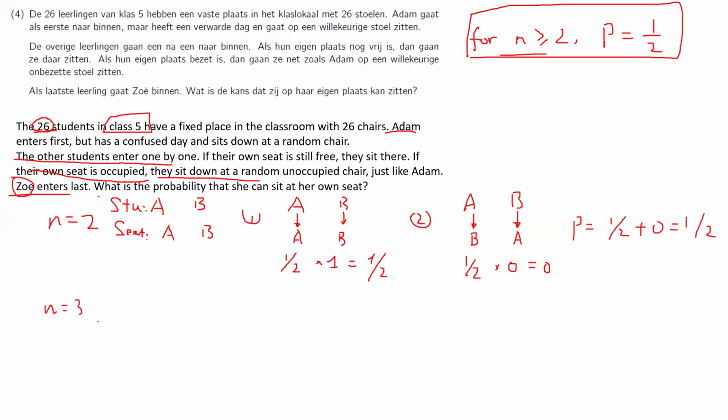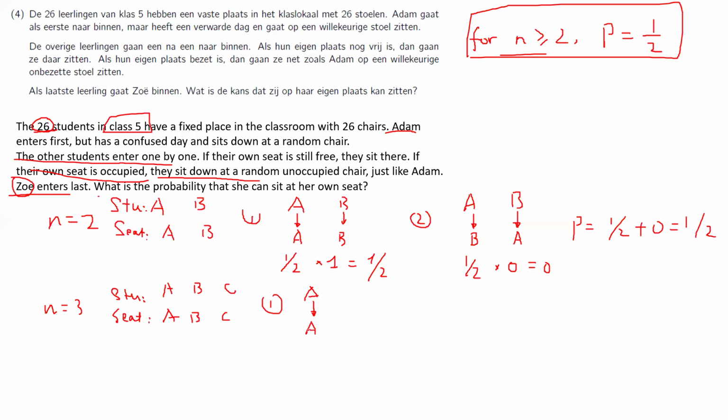Okay, we do it a little bit more to show our strategy. So now for the students, we have 3 students, A, B, C, okay? And for the seats, we have also 3 seats, A, B, C, okay? So the first case is again, A selects his own seat.